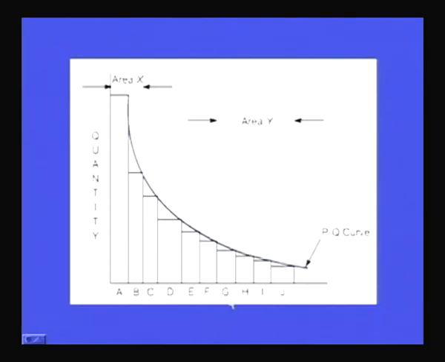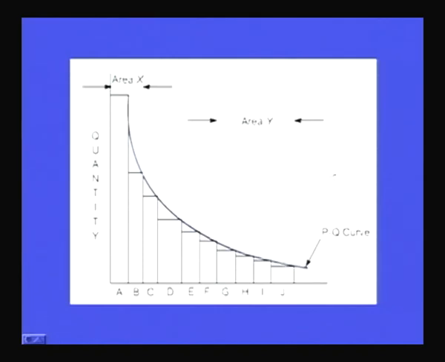Maybe product G may be having 25% or maybe even less than 25% of the volume of product A. So what we have seen here in this bar chart is that we represent the volume or the quantity on the y-axis and the type of products on the x-axis, and then we see what the volume of a particular product produced is.